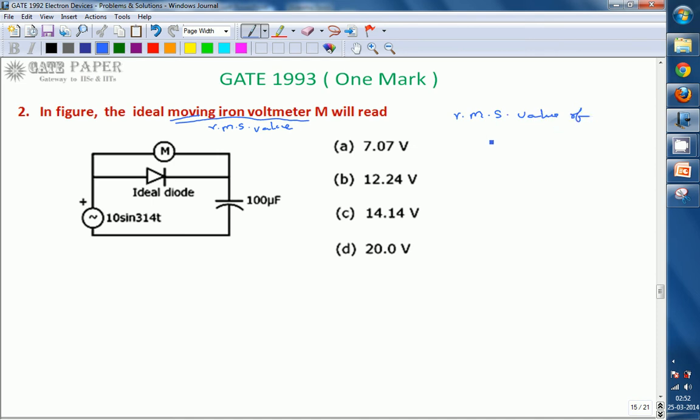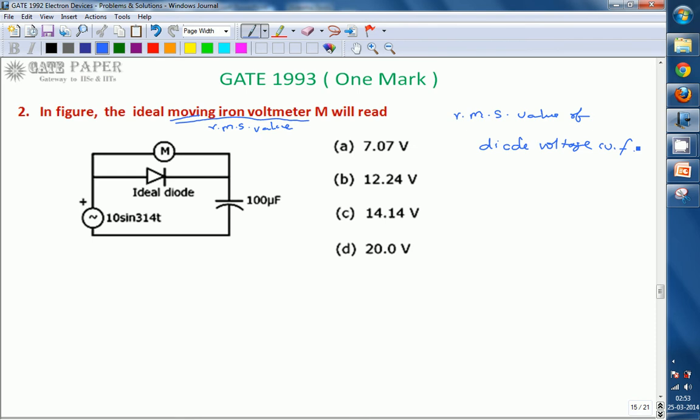So we are going to calculate the RMS value of the diode voltage waveform across that ideal diode.